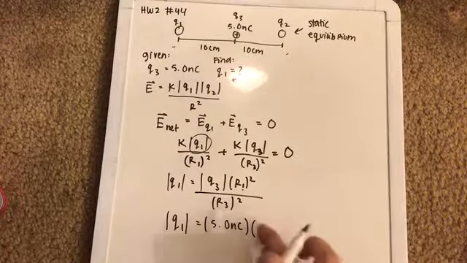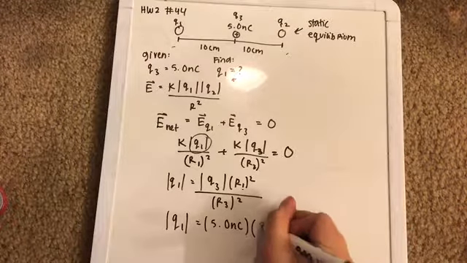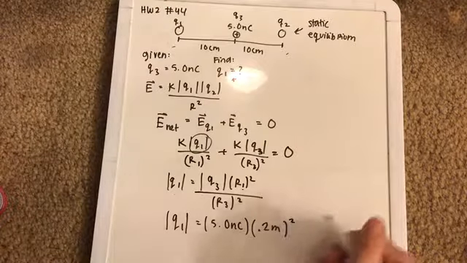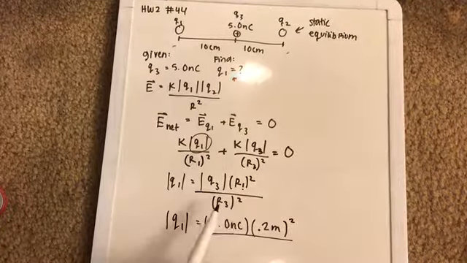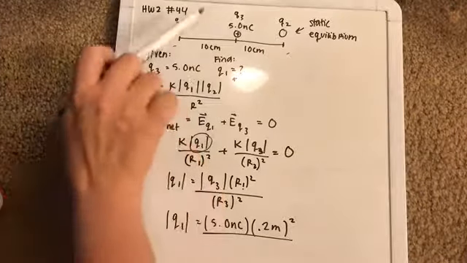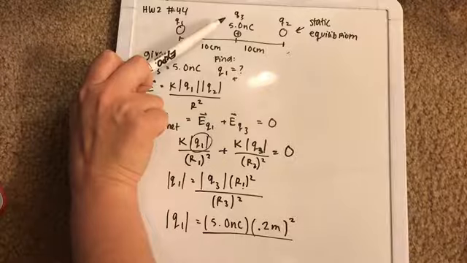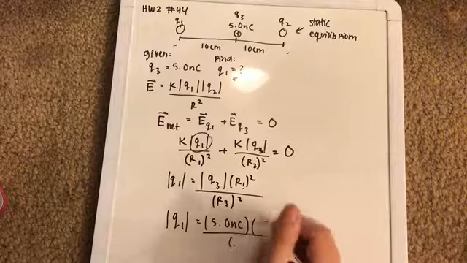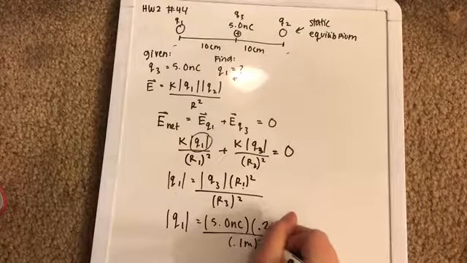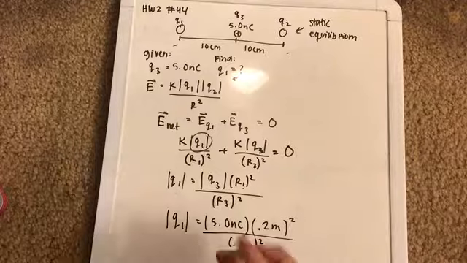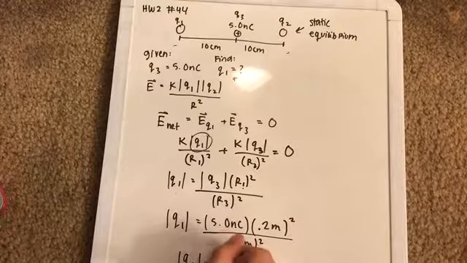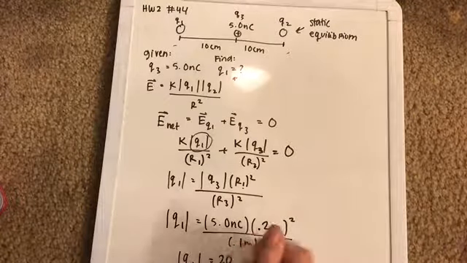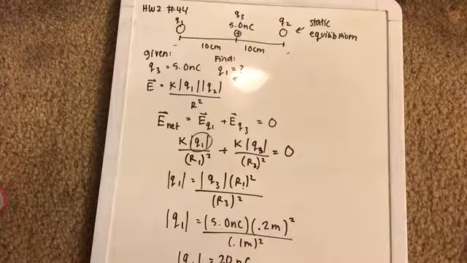But we want to make sure it's in meters, and 20 centimeters is 0.2 meters, and that is squared over R sub 3, which correlates to Q3, and the distance from Q3 to Q2 is 10 centimeters, which is 0.1 meter squared. And then if you plug that into your calculator, you get 20 nanocoulombs.